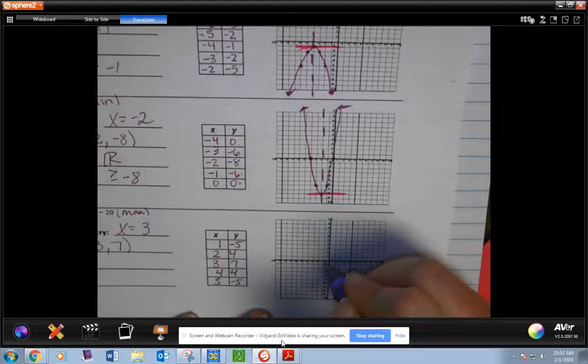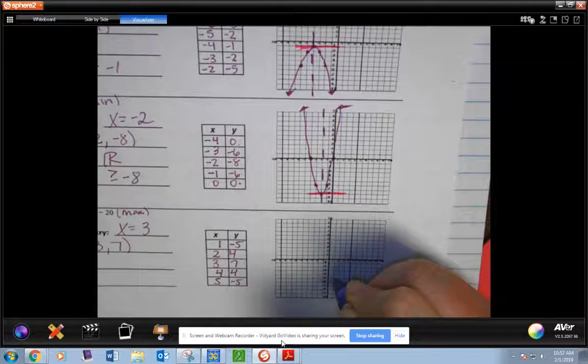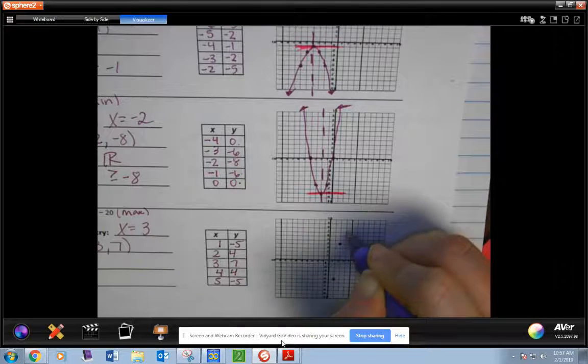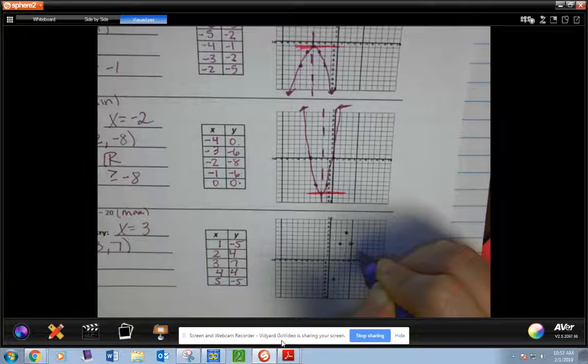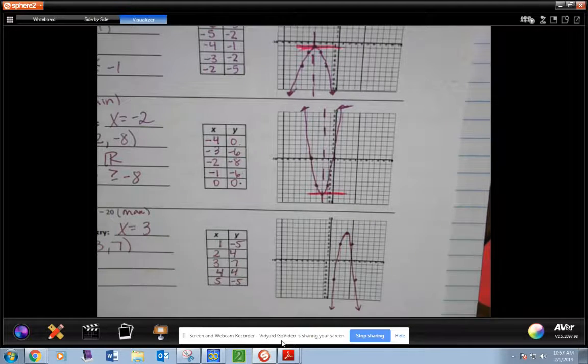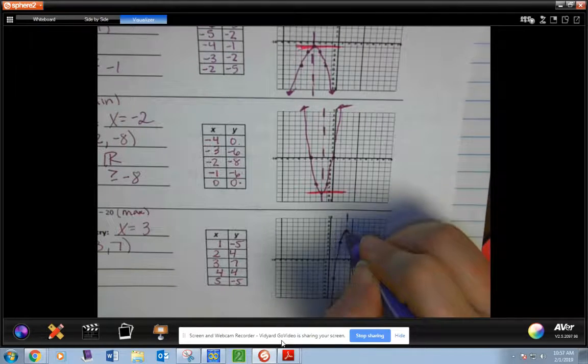Plotting my points. 1, -5, 2, 4, 3, 7. Drawing it in. Okay, here's my axis of symmetry.